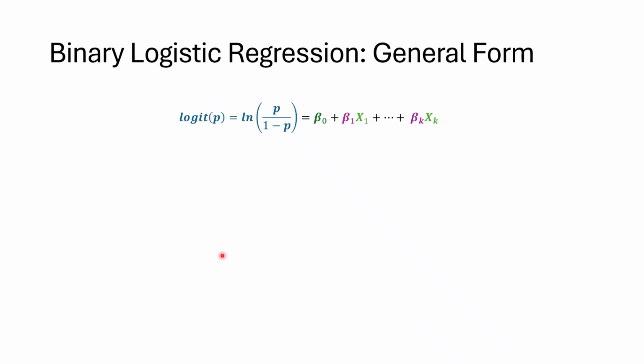The equation which you see on your screen is very similar to the one which we saw for the linear regression. The only difference being that we are first converting it into the log here. The most important value over here is, of course, the probability of the event. That's the hero of the movie here.